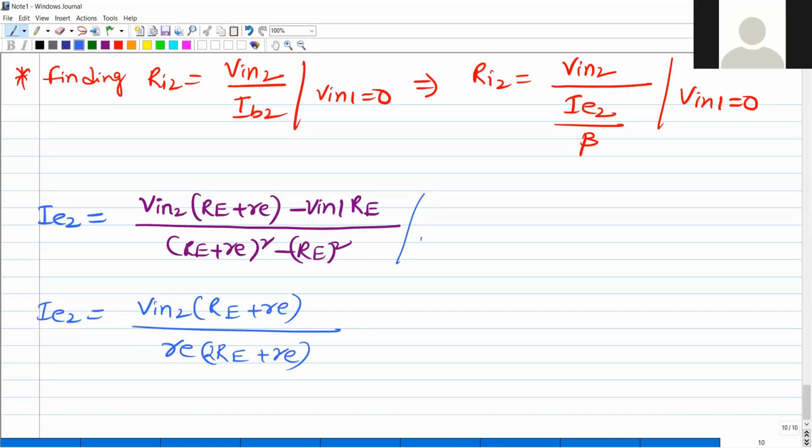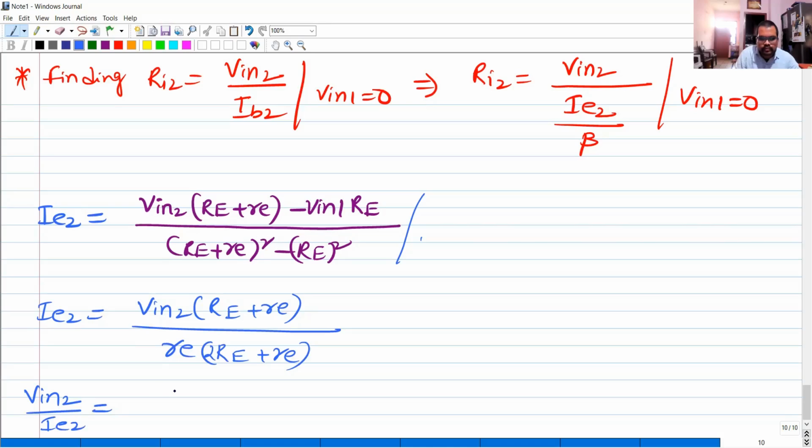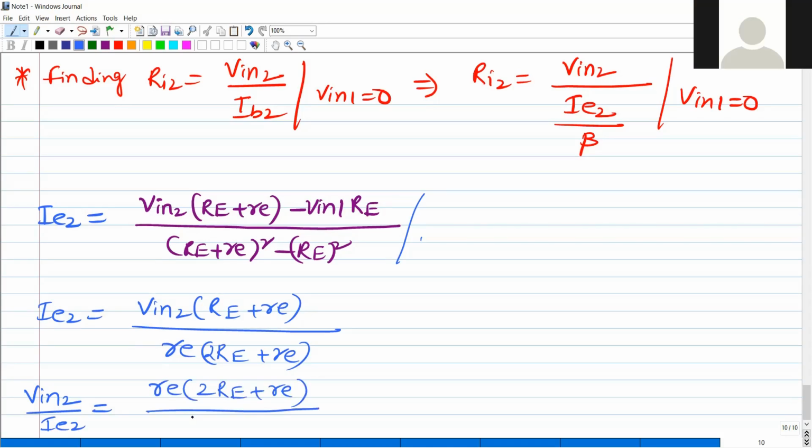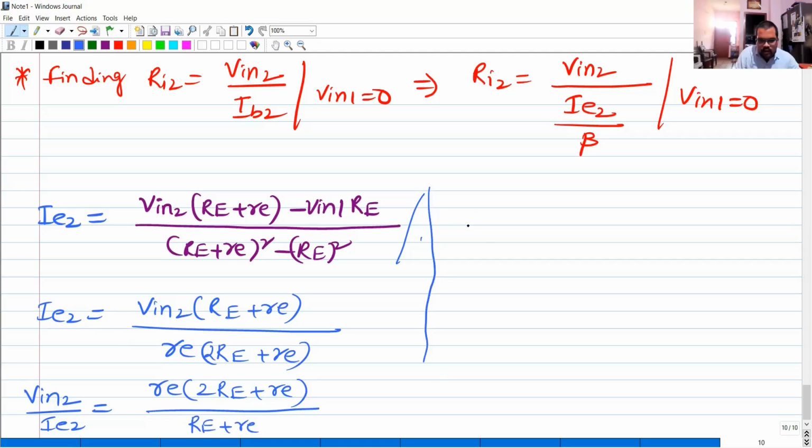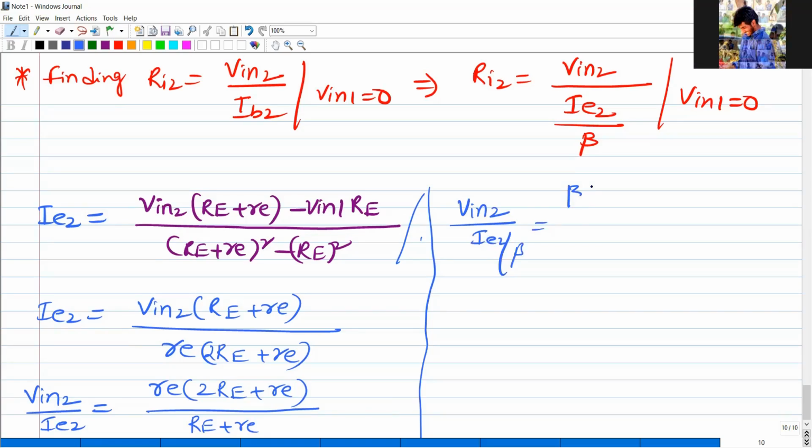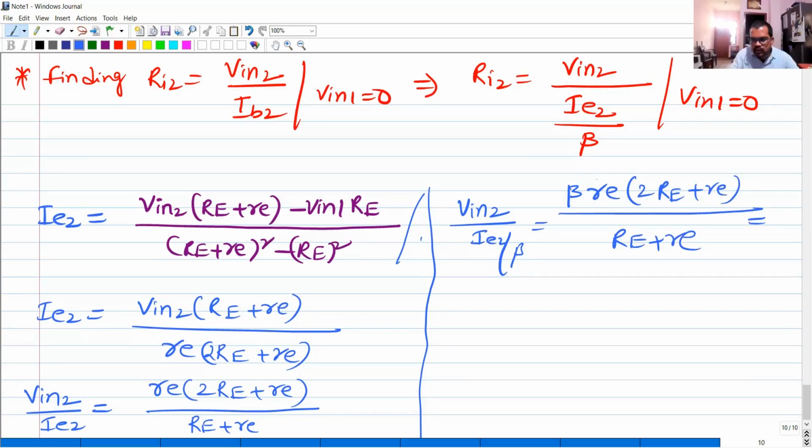Now Vin2 by IE2, and then Vin2 by IE2 by beta is equal to beta into (RE plus RE) into (2RE plus RE) by (RE plus RE). This is equal to RI2.